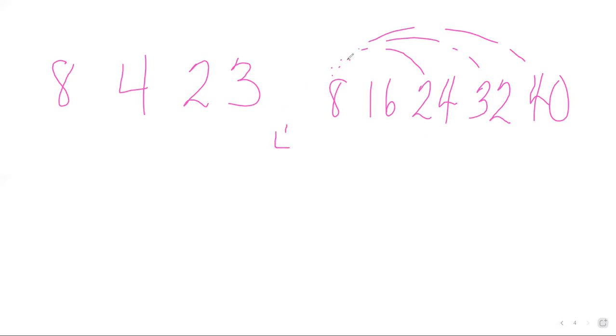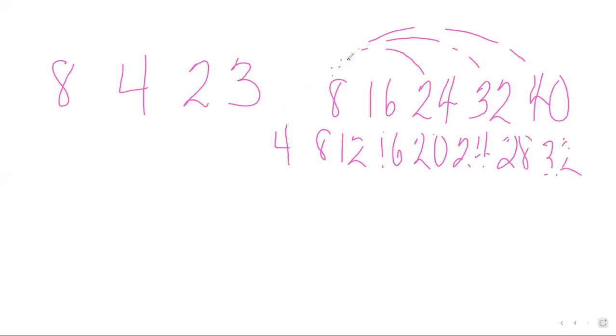Now I have 4s: 4, 8, 12, 16, 20, 24, 28, 32. So starting to run out of room. Now I have 2. So 2, 4, 6, 8, 10, 12.